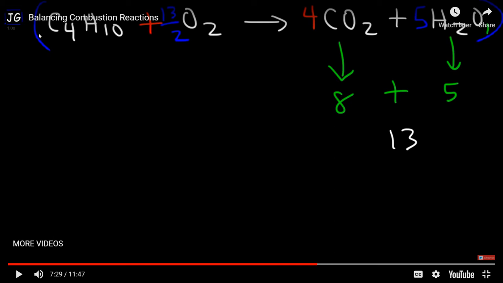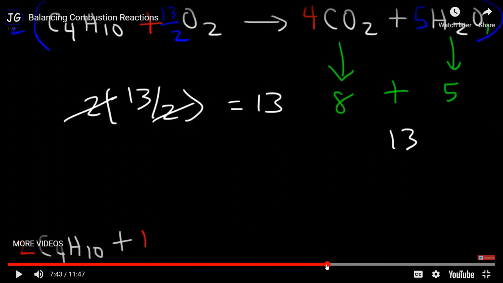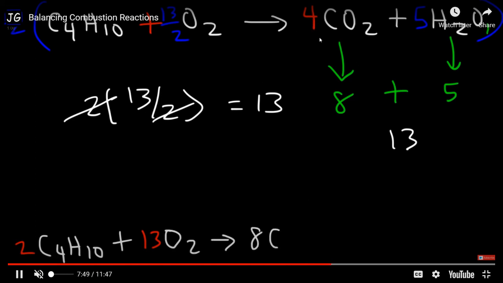This C4H10 had nothing there, so it would become a 2. This gets rid of the half underneath, and it becomes 13 oxygen. The 4 here would become a what? And the 5 would become a 10.